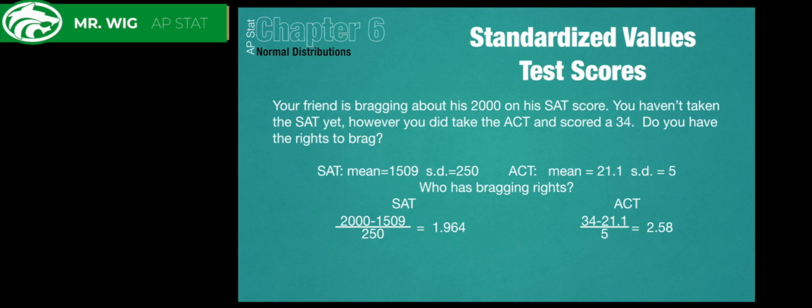So the ACT person in general did better on their test than the person that took the SAT. So keep that in mind. In this example, we're going in the same direction because higher is better. The SAT is not as good as the ACT. So here, the ACT has the bragging rights, right? And we did this by just finding the standardized value, or what we call the z-score.